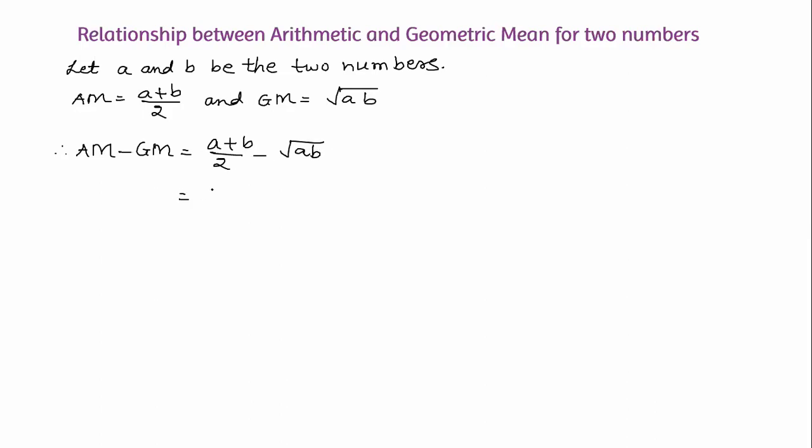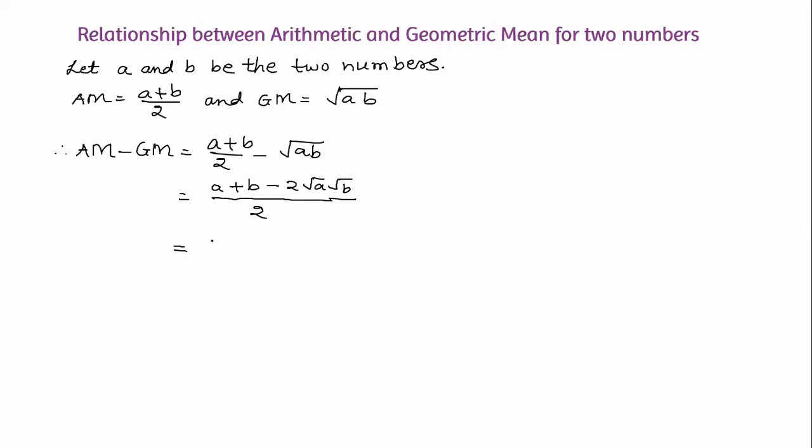So this is equal to (A plus B minus 2 times root A into root B) whole divided by 2.